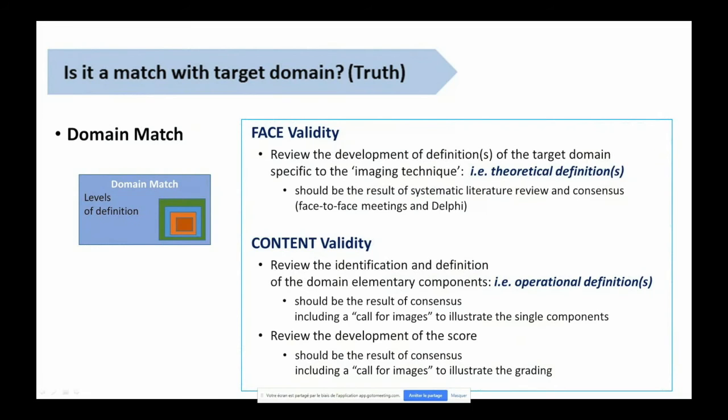Then, based on the results of the systematic literature review, we define what we can measure by ultrasound. So we define the operational definition through a Delphi exercise, but also by asking the participants to send images that illustrate the single components that can be measured by ultrasound.